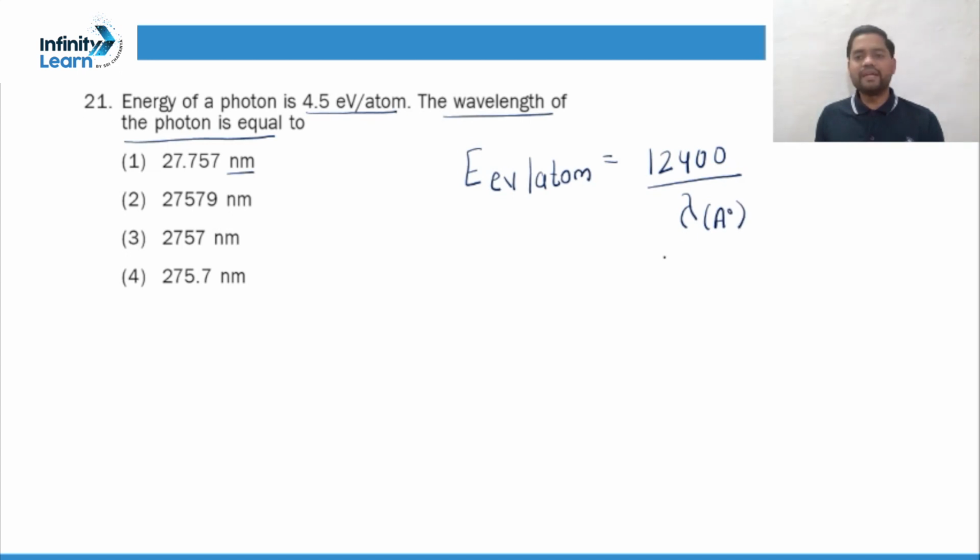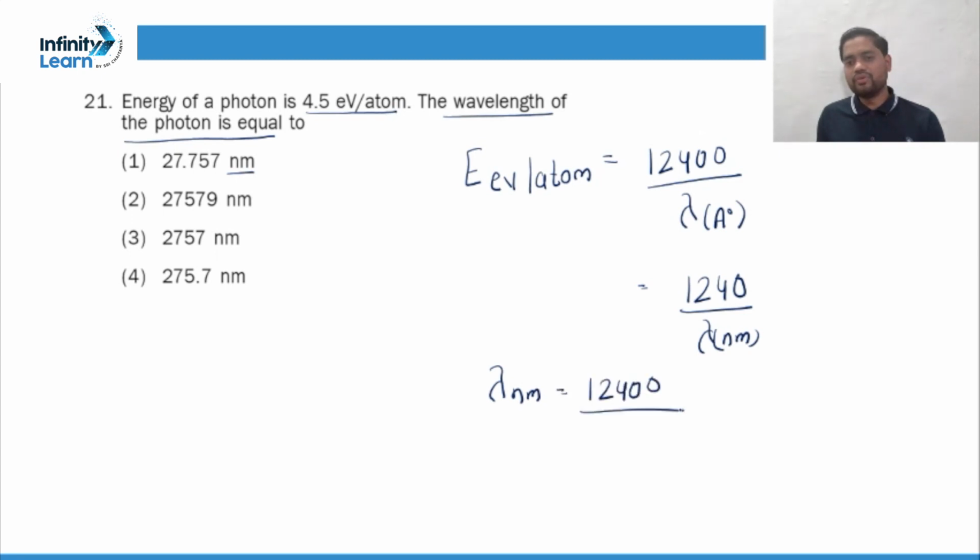If you want lambda in nanometer, it will be 1240 by lambda in nanometer. Clear? So lambda in nanometer equals 1240 divided by the energy in electron volt per atom, which is 4.5.